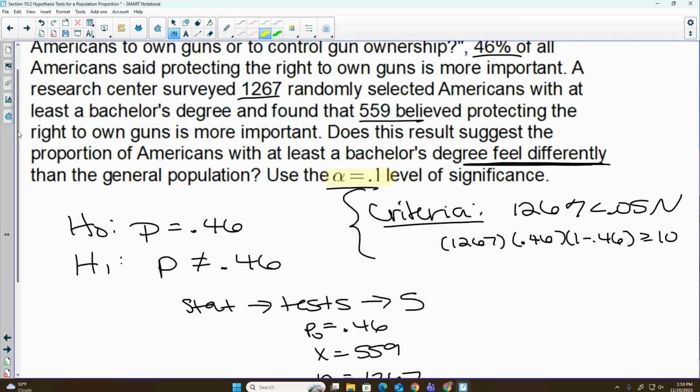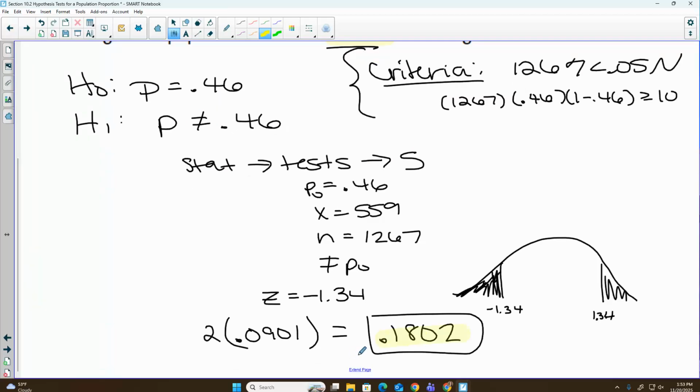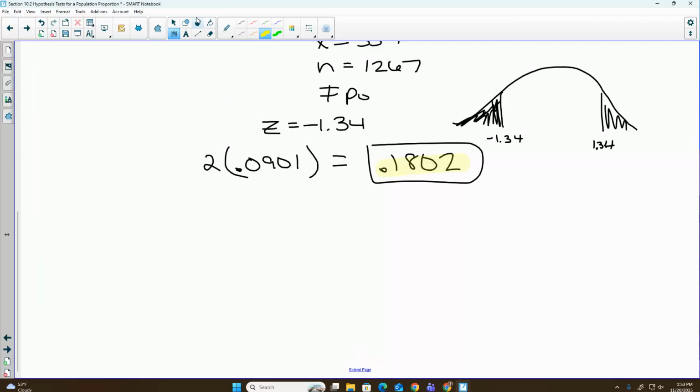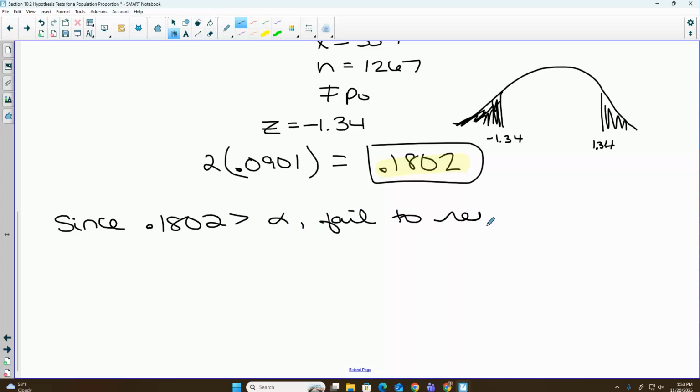So, is 0.1802 less than 0.1? No. So, since 0.1802 is bigger than alpha, we fail to reject the null hypothesis. Or if I ask for a sentence, there's not enough evidence to conclude that they feel differently.